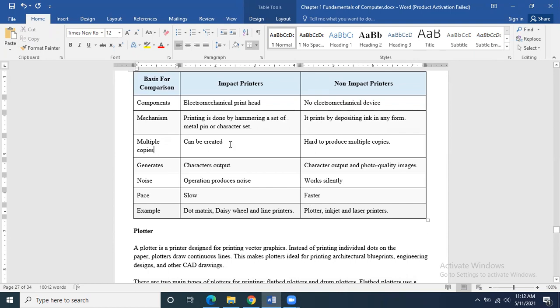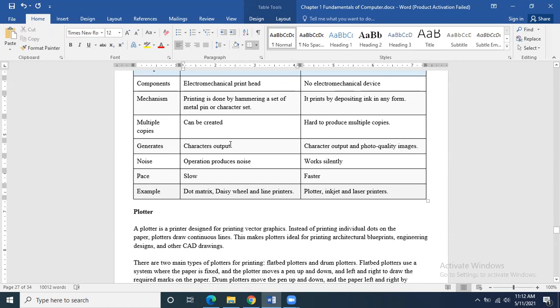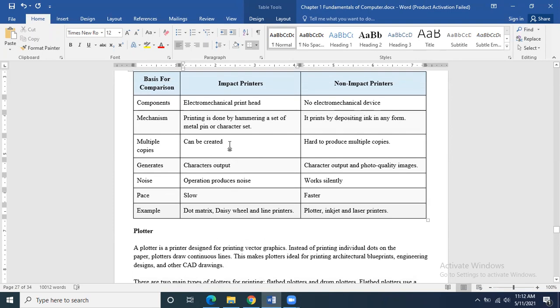Multiple copies can be created in impact printers, but it is difficult.